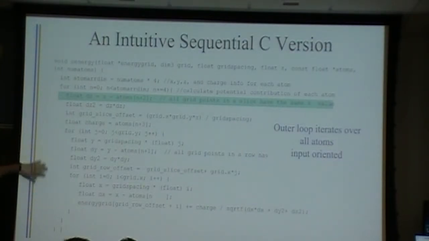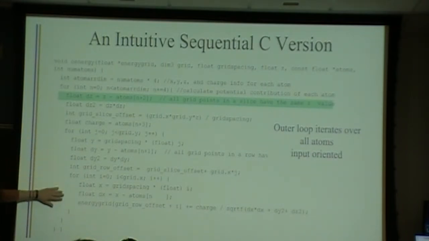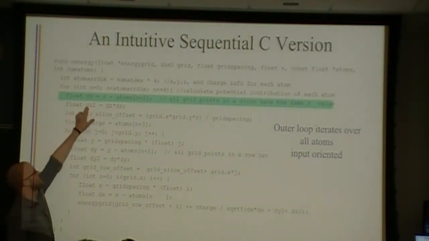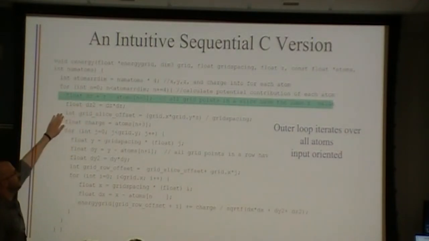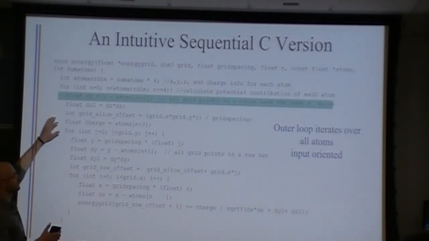What we do in this sequential loop is anything that's so-called invariant in the lower loops, we pre-compute. This is probably a common thing that you do, even if you don't know what it was called. These are loop invariants. For example, dz: we're in a particular z slice, and we need to know how far we are from any particular atom, but that's not going to change.